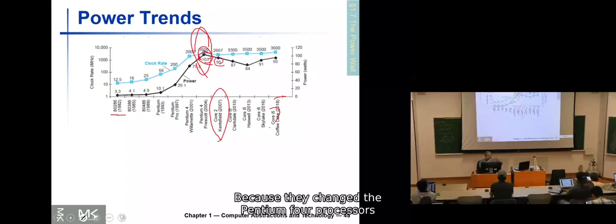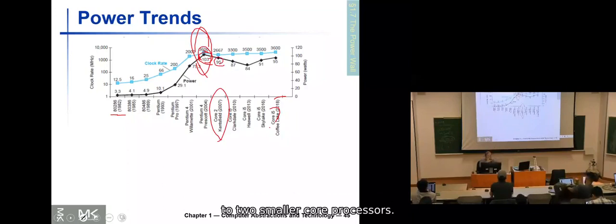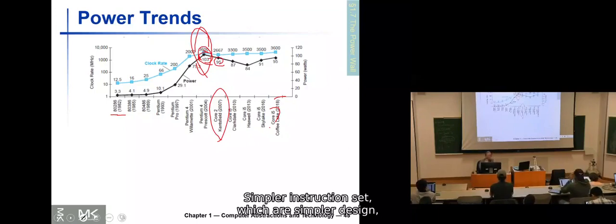Why? Because they changed the Pentium 4 processors to two smaller core processors. Pentium 4 changed to two simpler core processors with a simpler instruction set, with a simpler design, which makes them lower power.